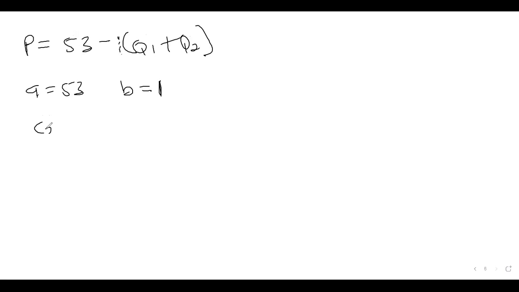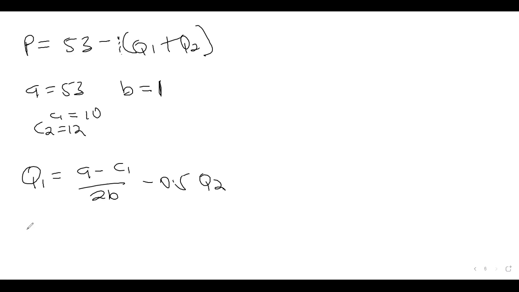Also remember that C2 is equal to 12 and C1 is equal to 10. All right, so the reaction function for firm 1 is Q1 equal to (A minus C1) over 2B minus 0.5Q2. So we have Q1 equal to (53 minus 10) over 2 into bracket 1, minus 0.5Q2.